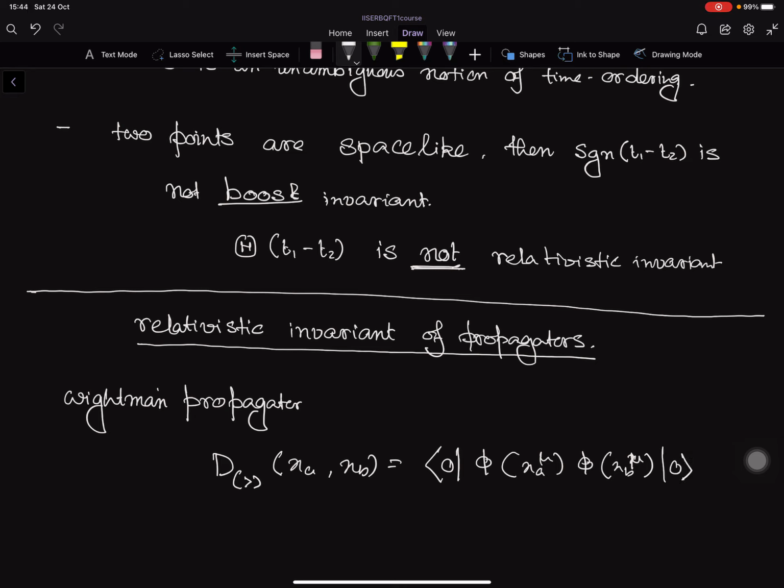Now here you can see that everything on this side is Lorentz invariant.